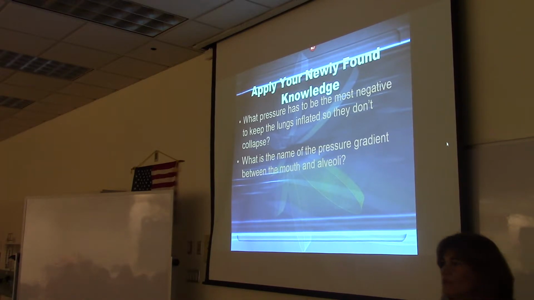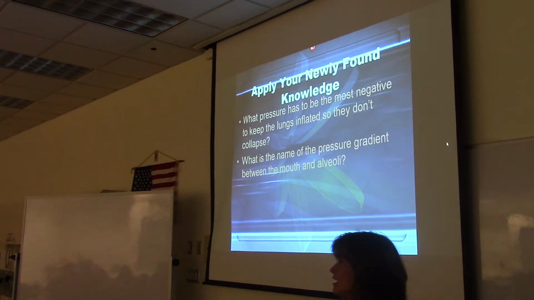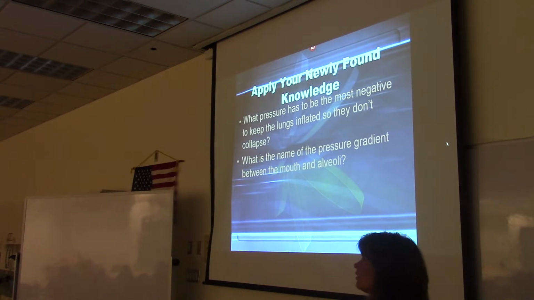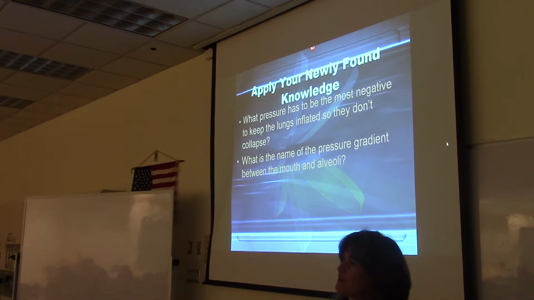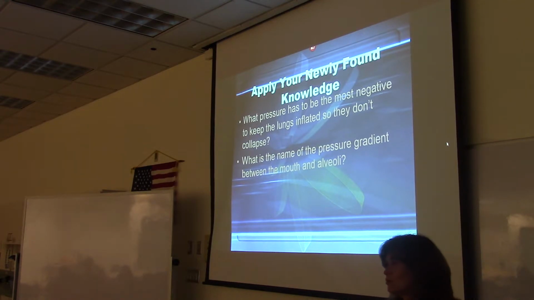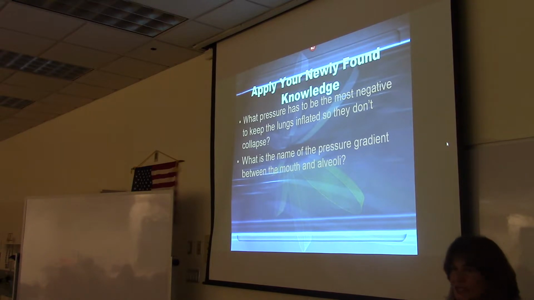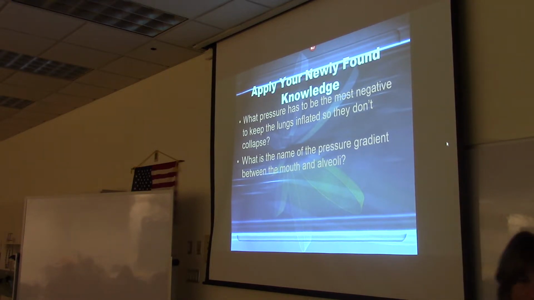We know that's true because if there's a blunt trauma or a stab wound where it goes from the atmosphere into the pleural space, and now the pleural space is the same as atmospheric pressure, we know that the lung collapses. So that's why the pleural space has to be the most negative to keep the lung open. What is the name of the pressure gradient between the mouth and the alveoli? Trans airway pressure. Good job.